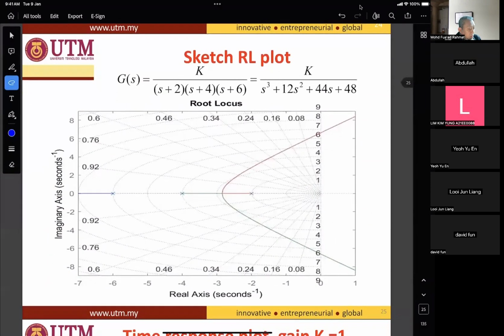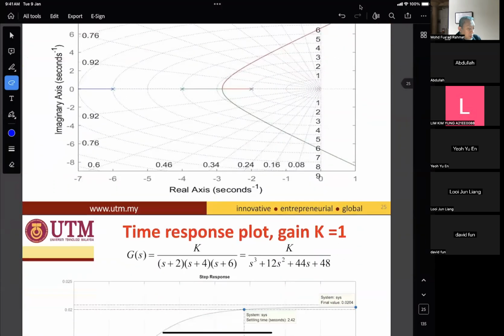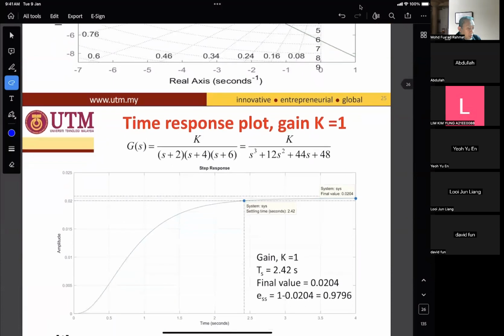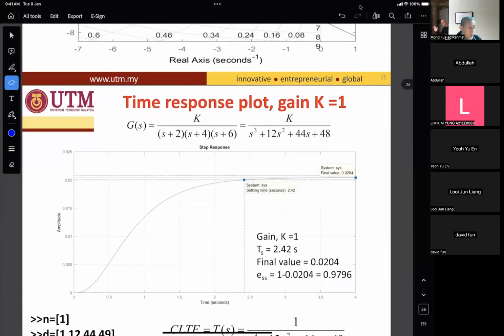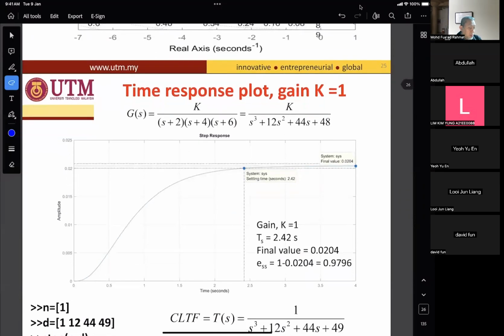So this is the plot, okay? Usually this plot is given in the tests and exams, a real scale plot with full grid, okay? And you are required to find the gain K at 10% overshoot. So we assume gain K equal to 1, okay? The closed loop time response is given as this.